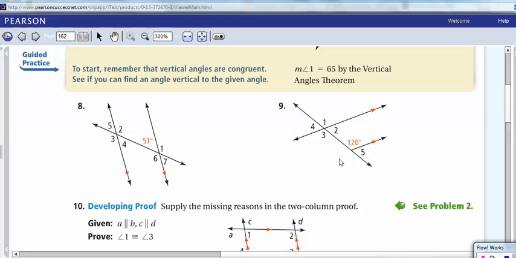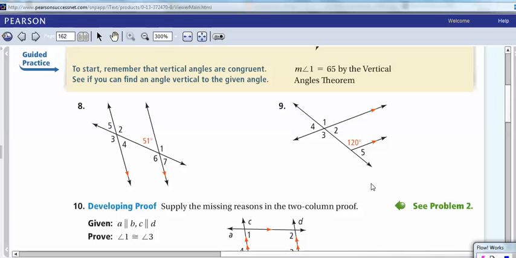But you know that 2 and 120 are supplementary, aren't they? And 2 and 5 are corresponding. And 4 and 5 are alternate exterior. What about 2 and 3? They're a linear pair. And 1 and 120 are corresponding.